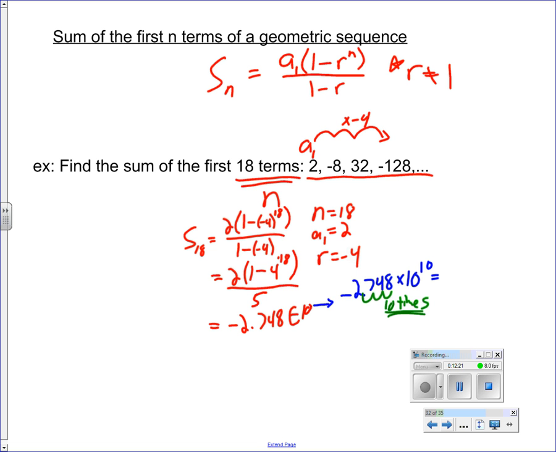So our final answer written all the way out, this is writing out everything that the calculator gives you, and we're at -27 billion and change.